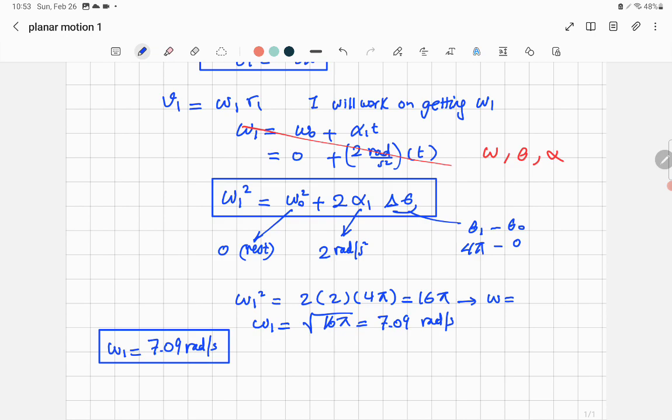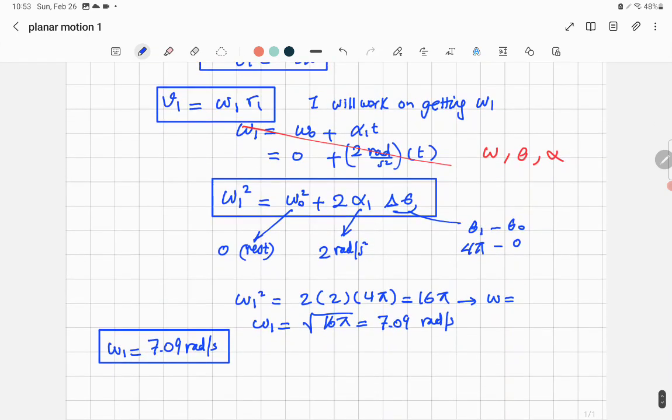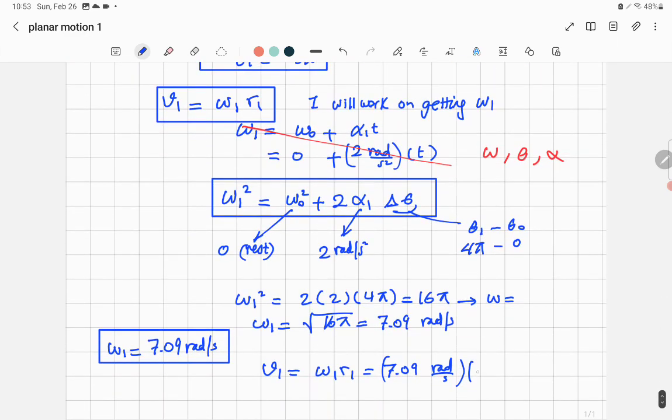I got omega 1. Remember that I wanted omega 1 so I can use it to find V1, the velocity. So now I can write that velocity 1 is equal to omega 1 R1. Omega 1 is equal to 7.09 radian per second, times R1. R1 is given as 0.15 meter. Multiplying both, we get the velocity, which is equal to 1.064 meter per second.